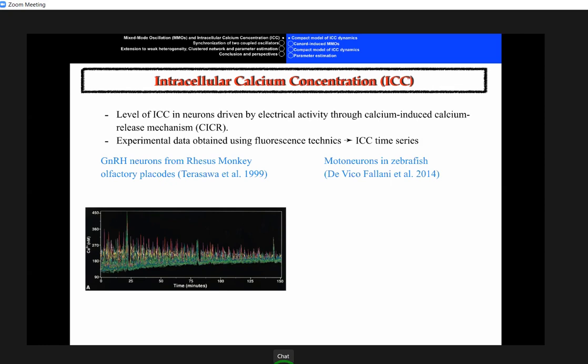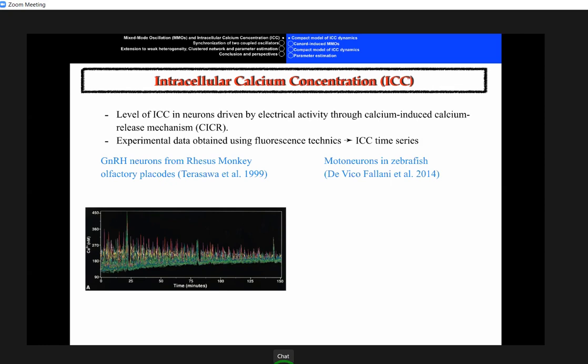Each color represents one single neuron. As you see, you have some intermittent synchronization of the neurons, while between two successive peaks of synchronization, we seem to have a network that is completely desynchronized.